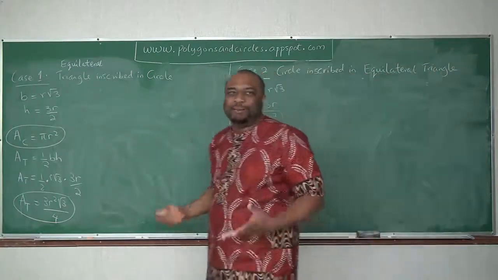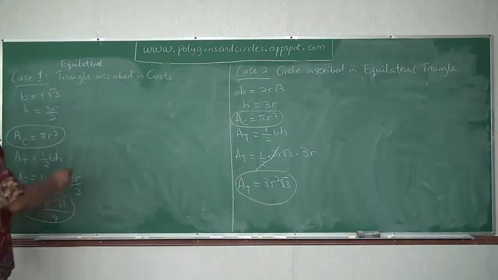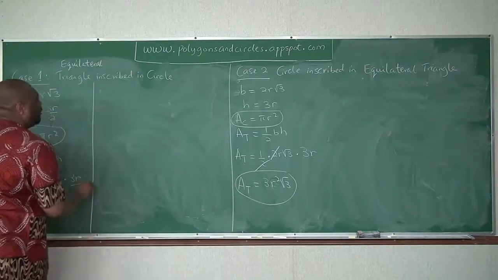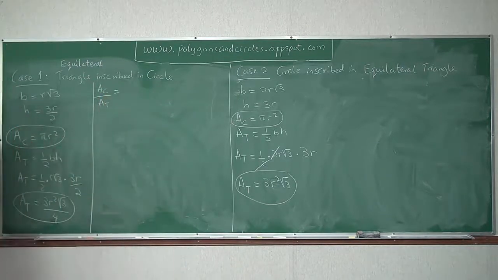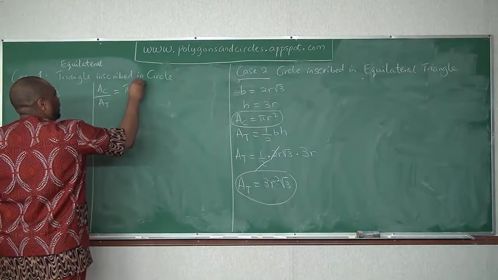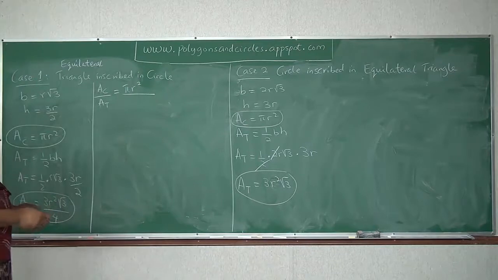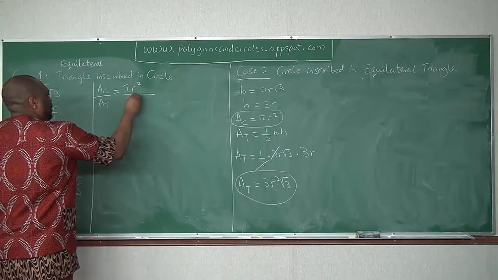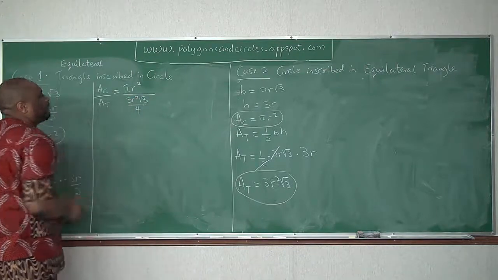Because that is the regular polygon, regular triangle. Okay, so let's go ahead and find the ratio of the area of the circle to the area of the triangle. The area of the circle is pi r squared, divided by the area of the triangle, which is 3r squared root 3 over 4.